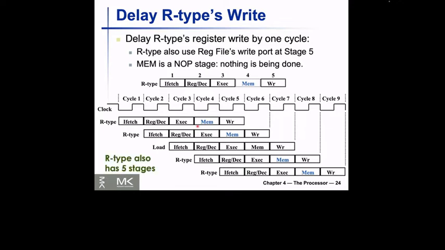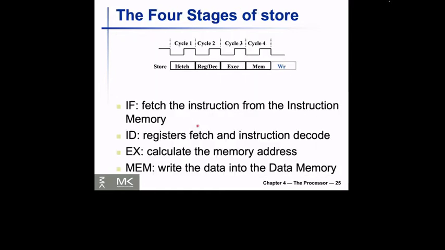And let's think about store. Store also requires only 4 stages, right? It needs to go through instruction fetch, instruction decode, execution, memory access, but it doesn't need to do the write back. But in our design, because we force each instruction to have 5 stages, it also needs to go through this useless write back stage.